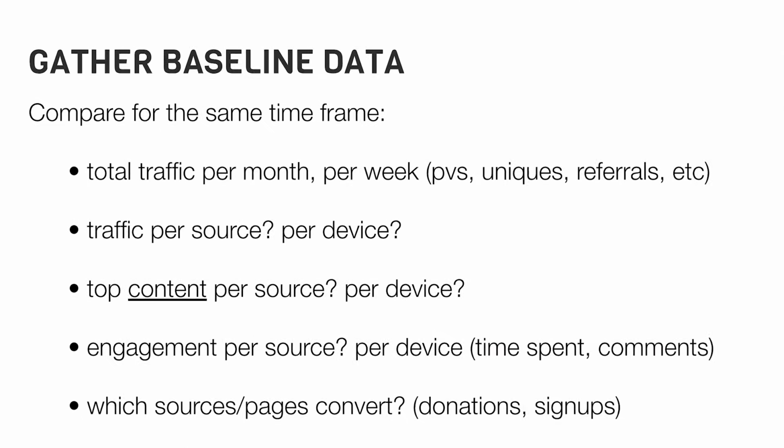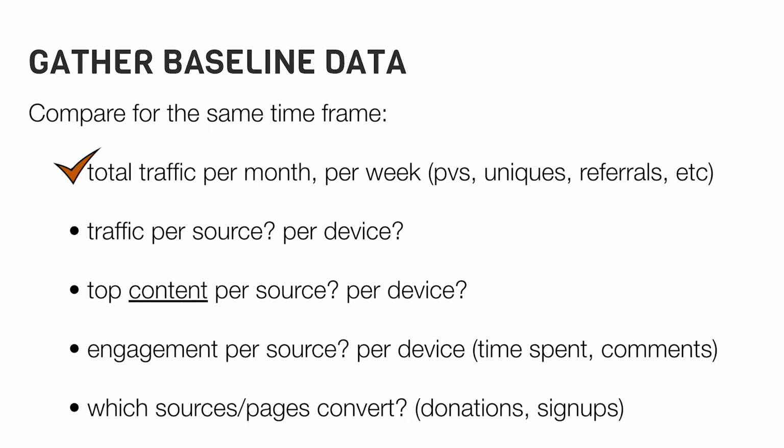You can pull total traffic per week or per month, because then you can start to slice that data by visits over time, traffic per source, per device, content per source per device, engagement per source and device, and which sources or pages are doing a good job at actually converting or getting people into the engaged channels that you're hoping for them to get into.